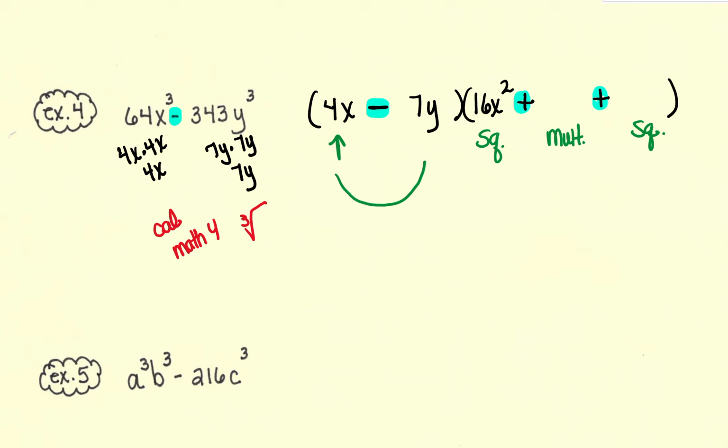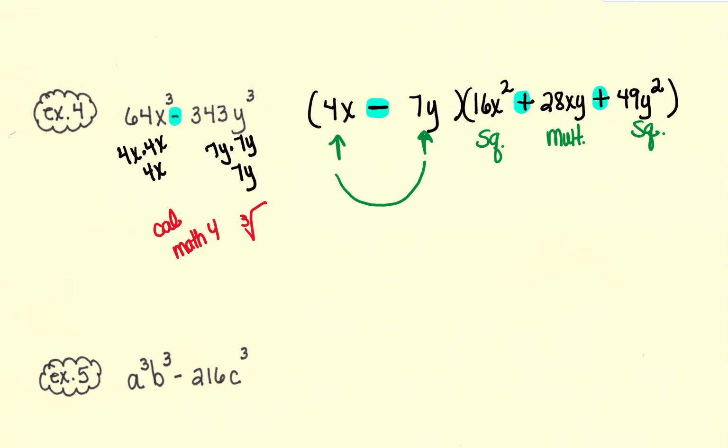So you're going to be multiplying 4 times 7, which is 28xy. And then you're going to square the last. Square your 7 and square your y, and you get 49y squared.